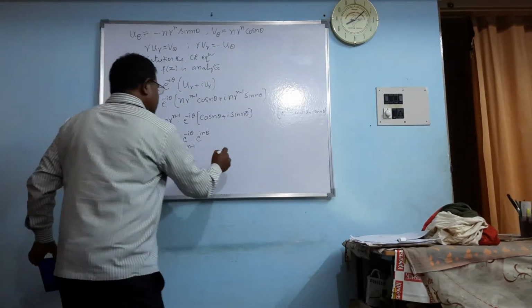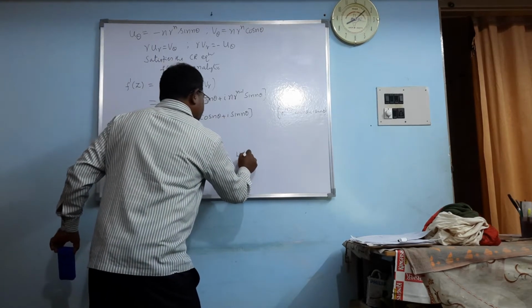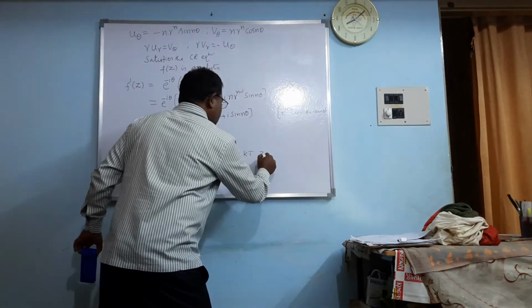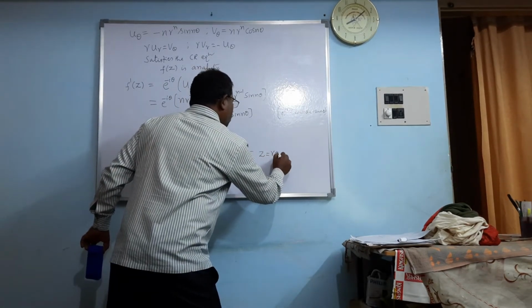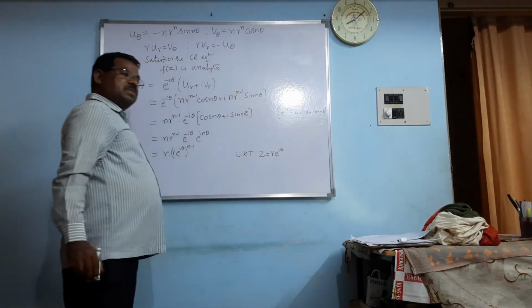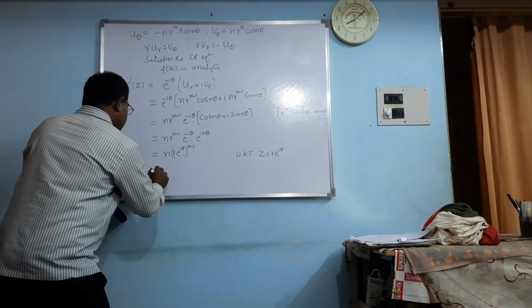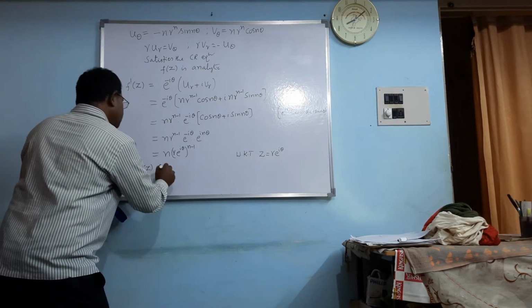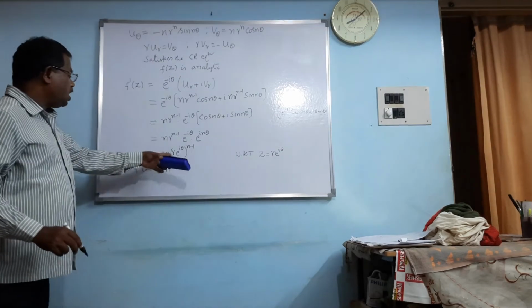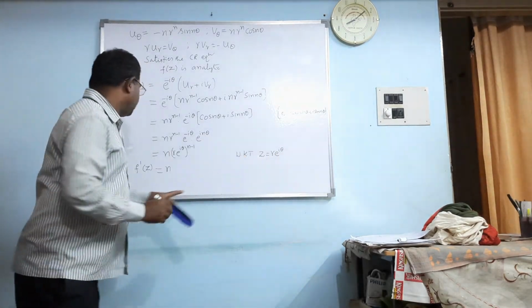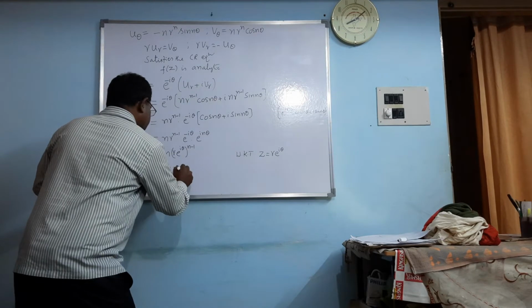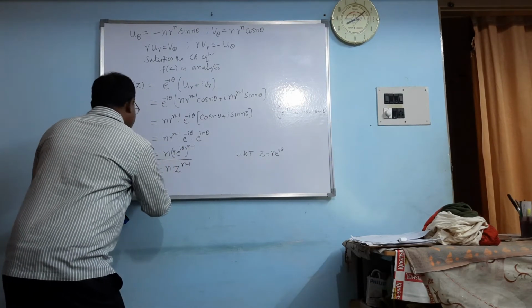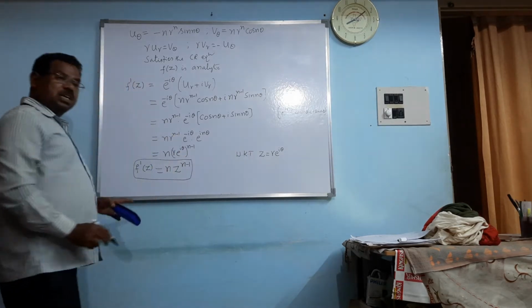Already we know that z equals r into e to the power of i theta. Therefore, f dash z equals n into z, e to the power of, this is the solution for this problem.